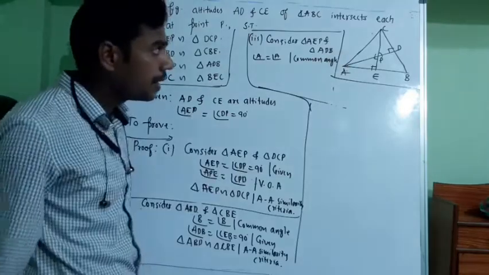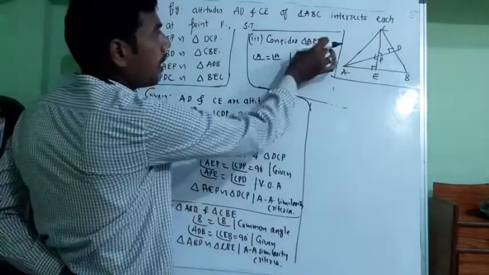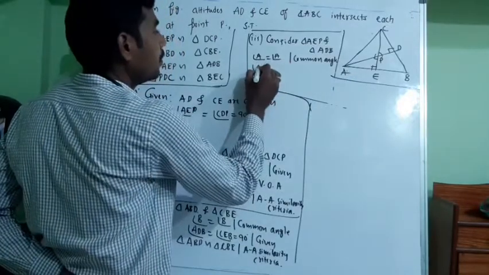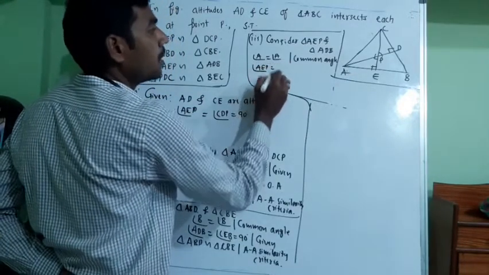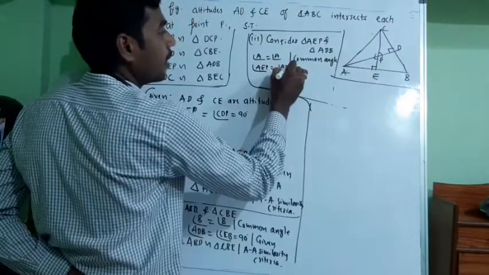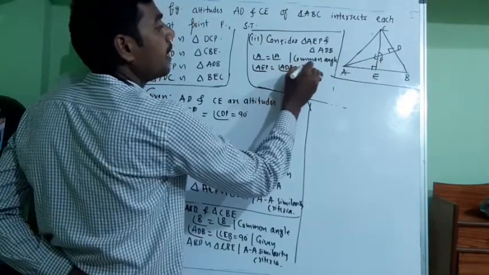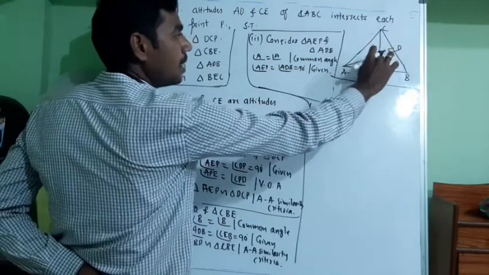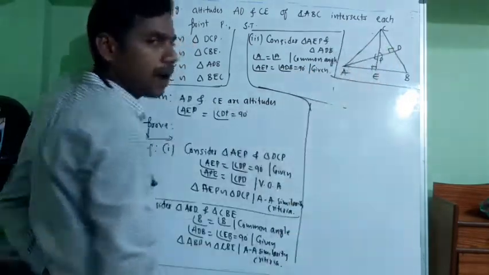Next, angle AEP is equal to angle ADB, which is equal to 90 degrees. This is also given because this is an altitude.